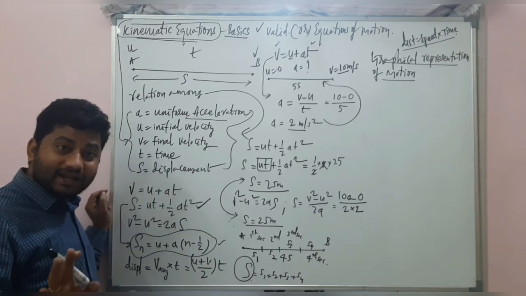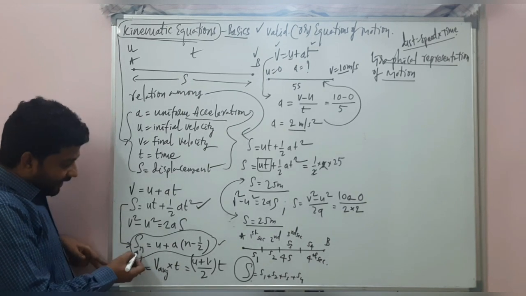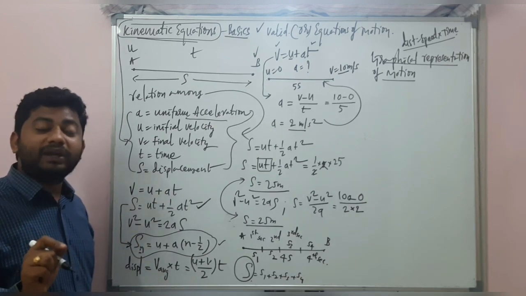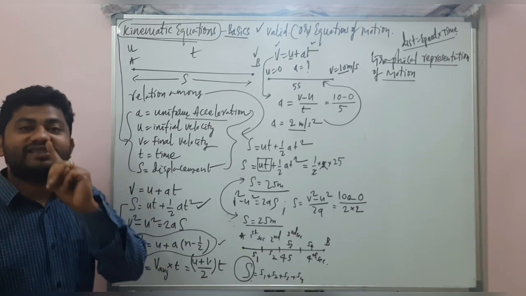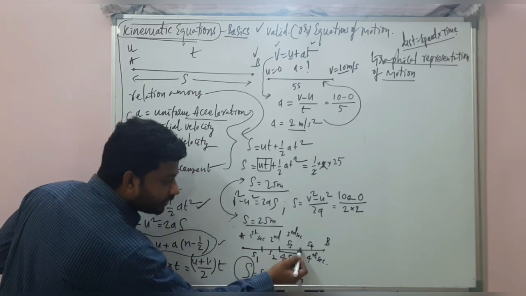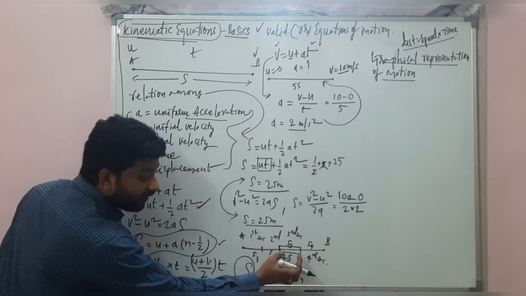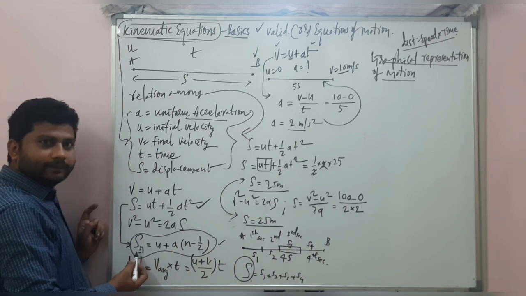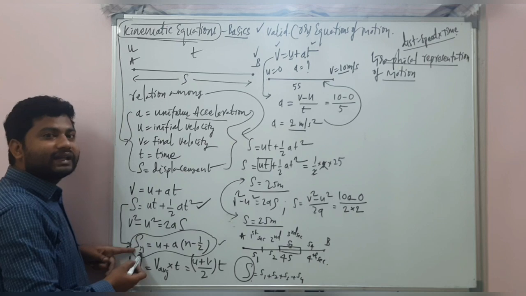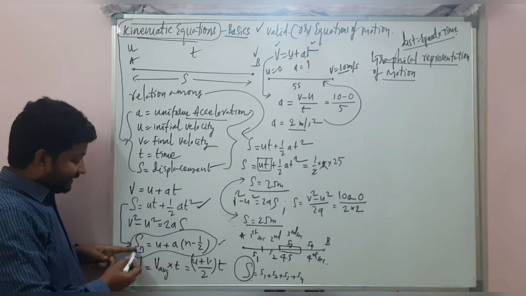Okay. Now, what is this Sn? This n is a particular second, the nth second, that may be the third second. What is the distance travelled by the body in the third second? Just now I told you, in the third second the body covered a displacement of this much, so to find this you need to use this formula. Understand? So what is this n value now? Third second. In a particular second, the distance or displacement taken by the body is called Sn.